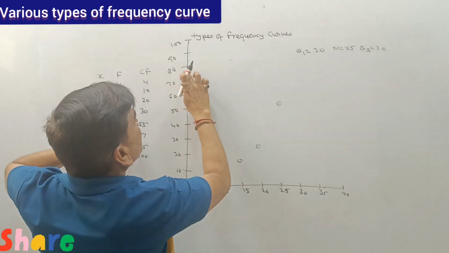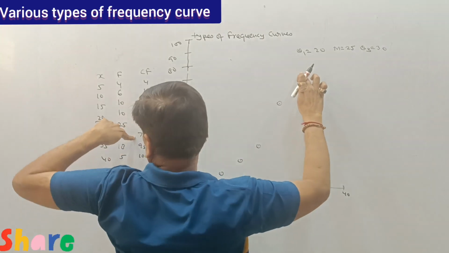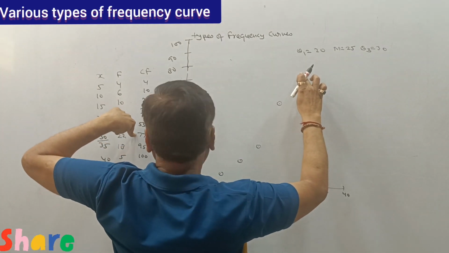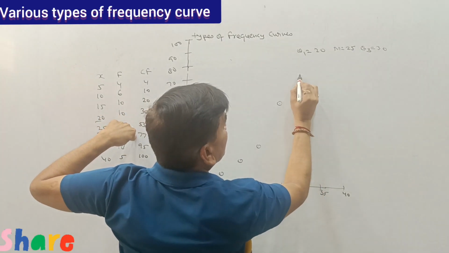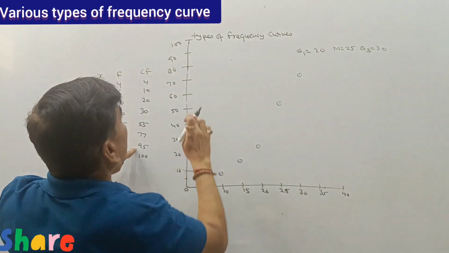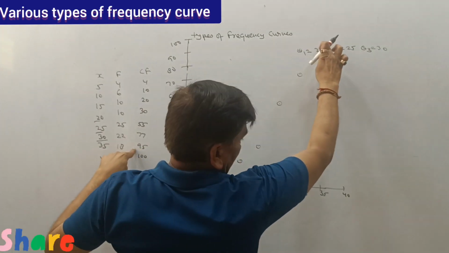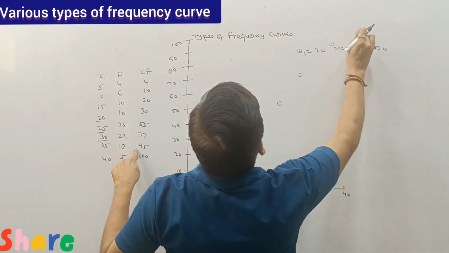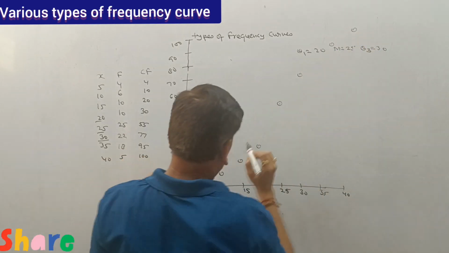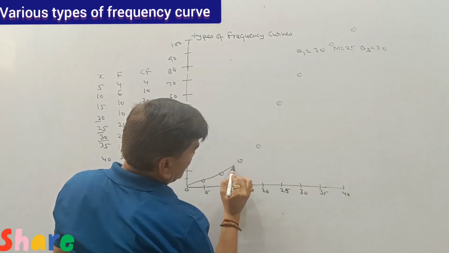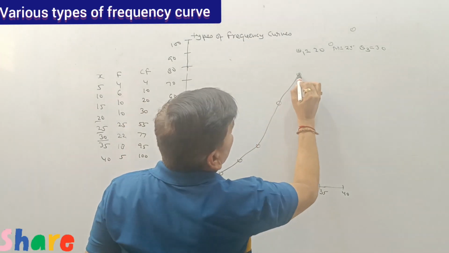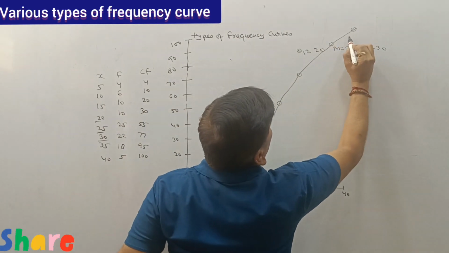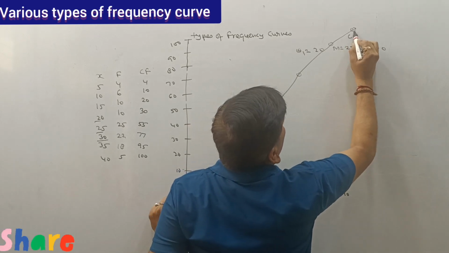Then 77, that is 70 plus 7. Then 95, that is 90 plus 5 at 35. And last, at 40, 100 is over there. So this is called the ogive curve, the CF curve.